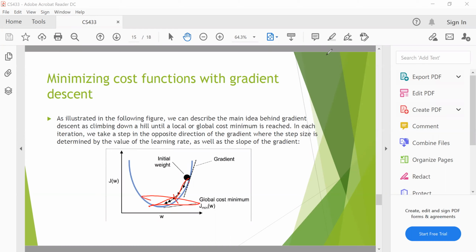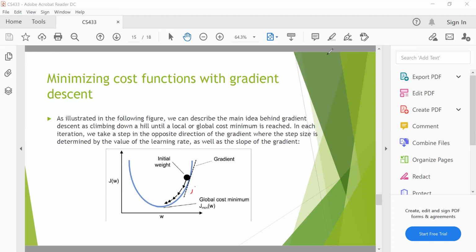If it overshoots, it just goes back and forth, but it's never going to reach or get close to the minimum point. So picking the right learning rate is also important. But if the step is too small, it will take a lot of steps to converge.